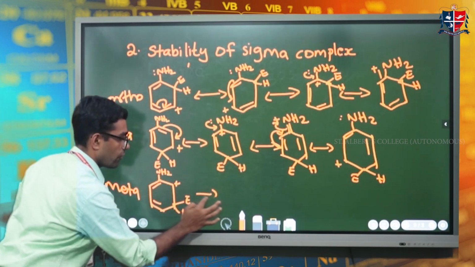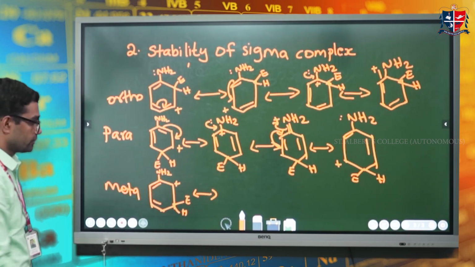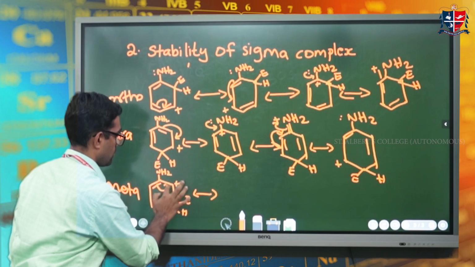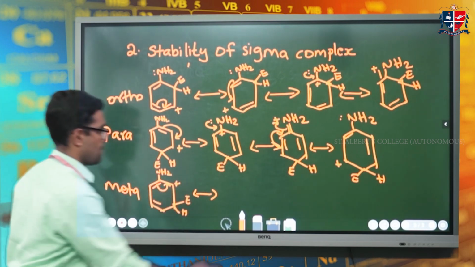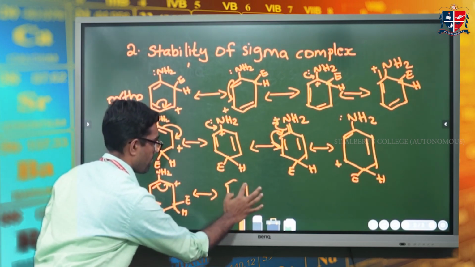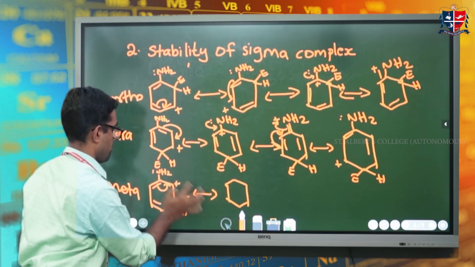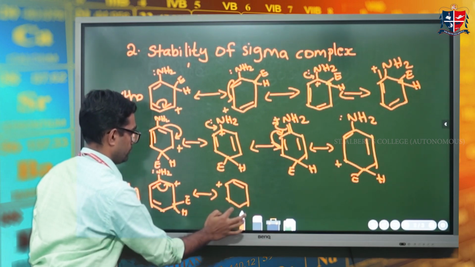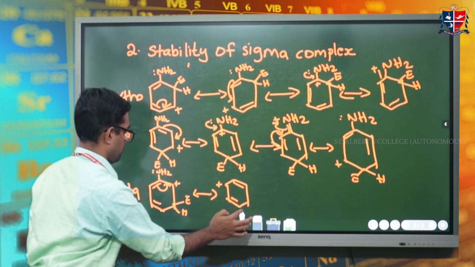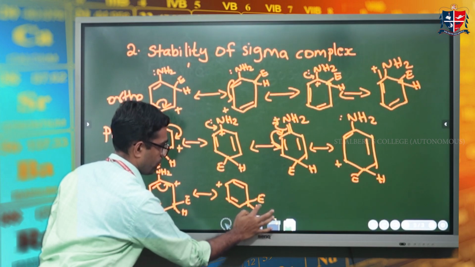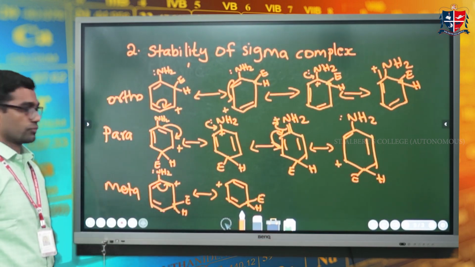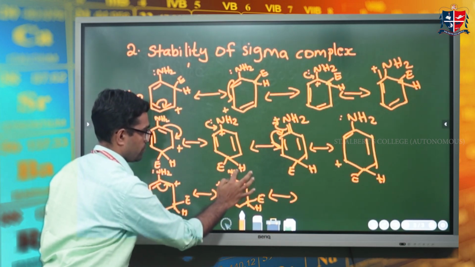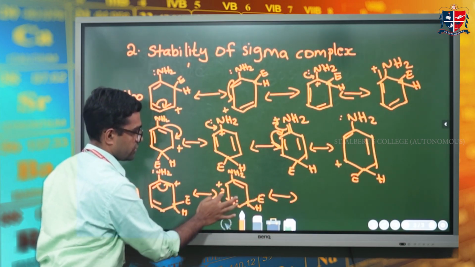Similarly, when there is a meta attack, the positive charge is here. Again, this bond is shifted here.